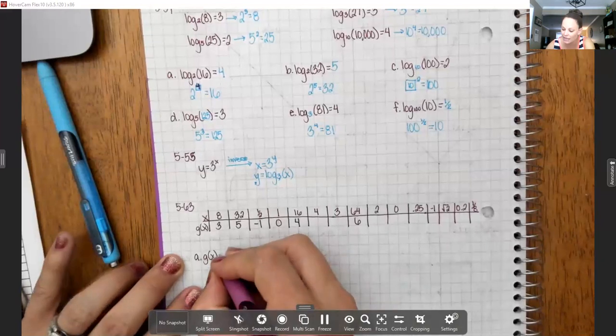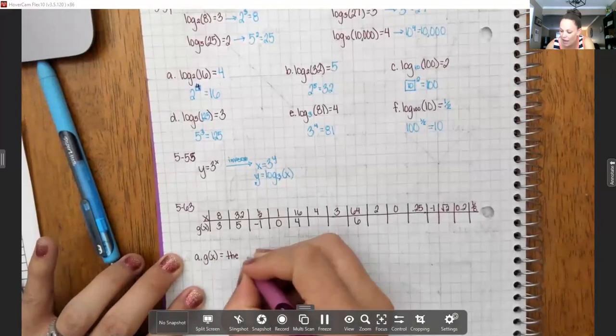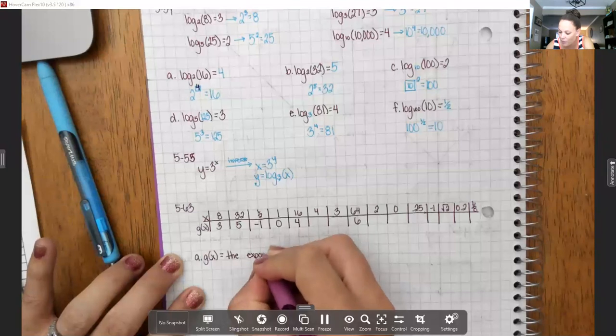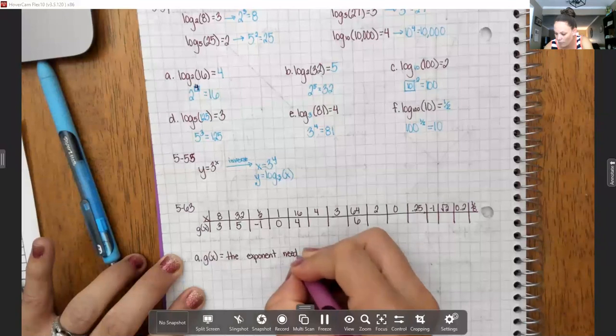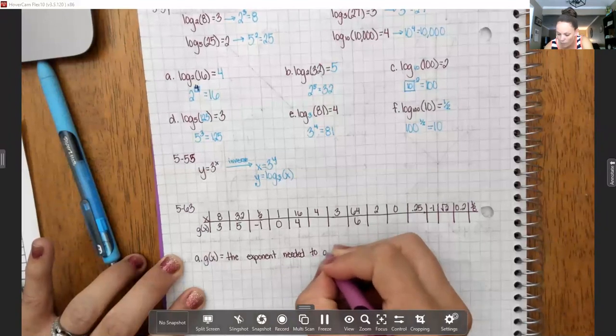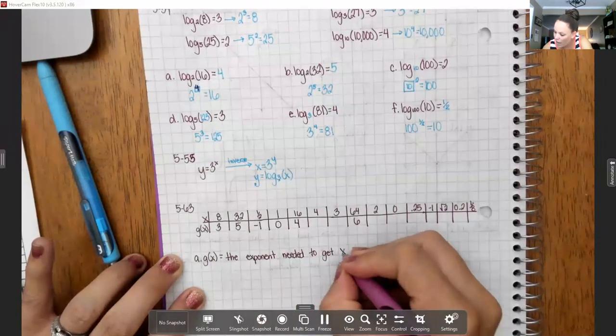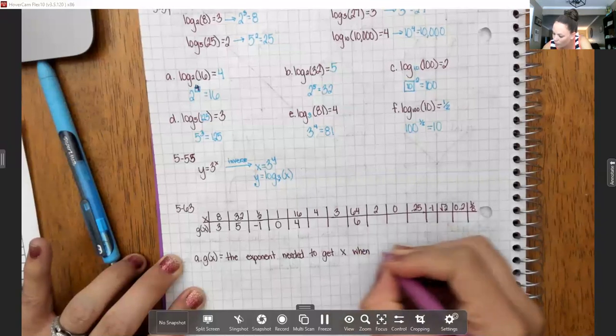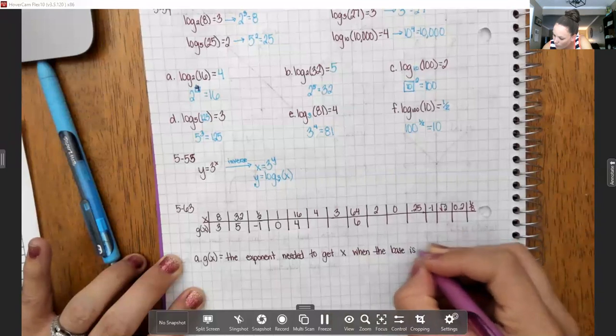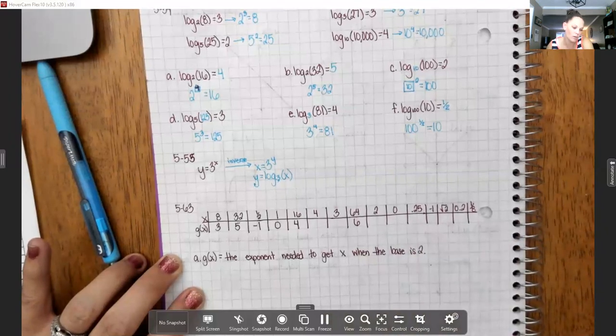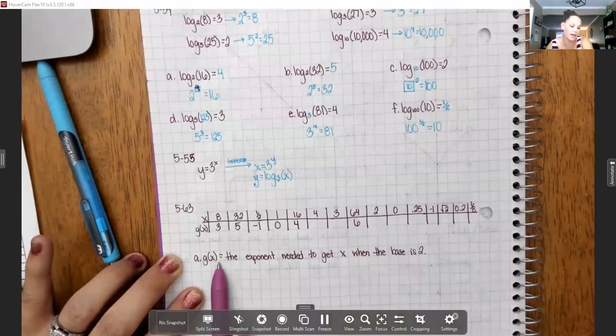So g of x is the exponent needed to get x when the base is 2.